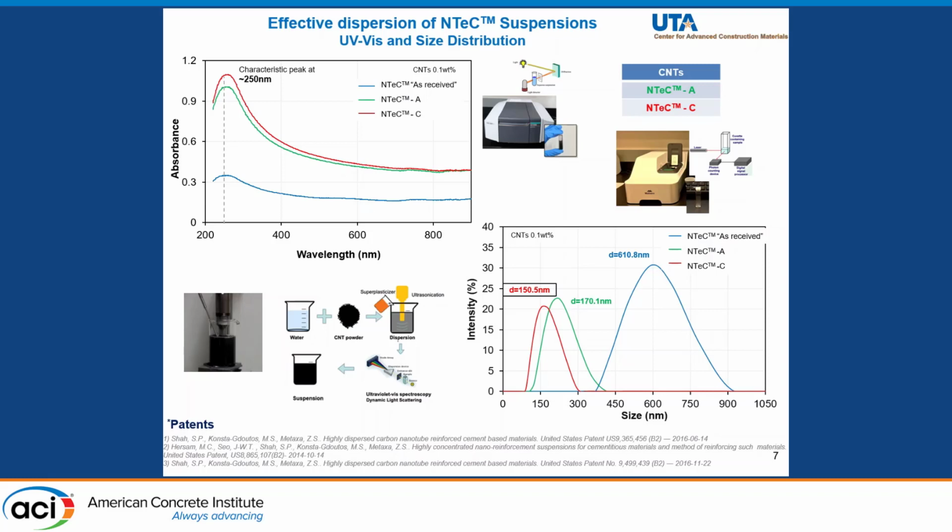The dispersion state of the suspensions was evaluated and quantified during and after the dispersion procedure using spectroscopic methods such as UV-Vis and DLS. Here on the left of the slide, you can see results from the UV-Vis of NTEC as received, before the application of ultrasonication energy, and NTEC A and NTEC C sonicated.